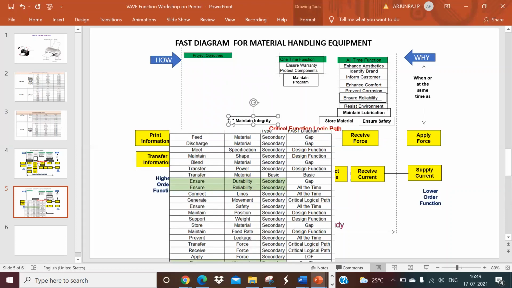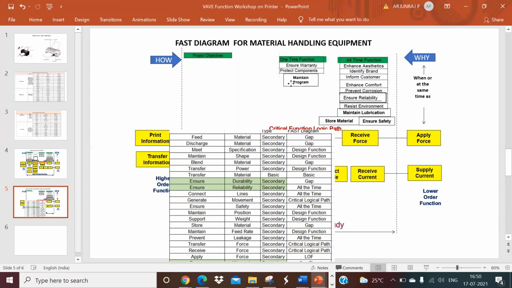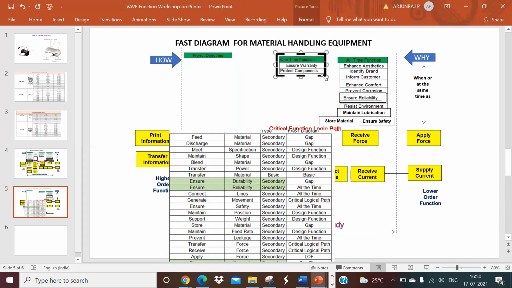And then after writing the design function, the very important thing is you have to write down the one-time function. What is the one-time function? So here, what are the one-time functions we have identified? Okay, so the one-time function also is here.